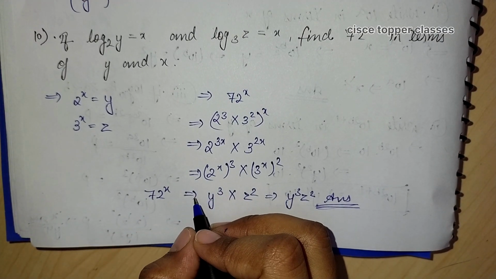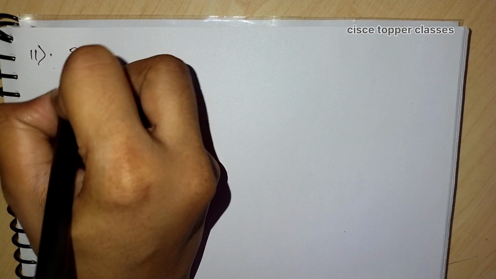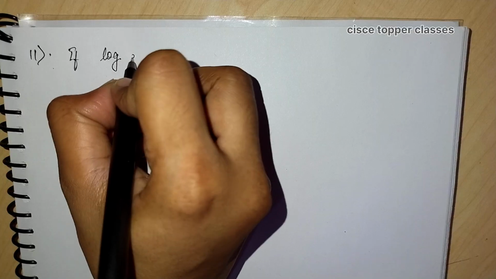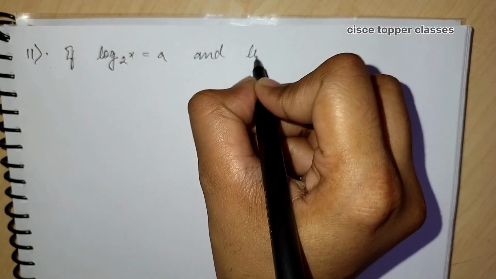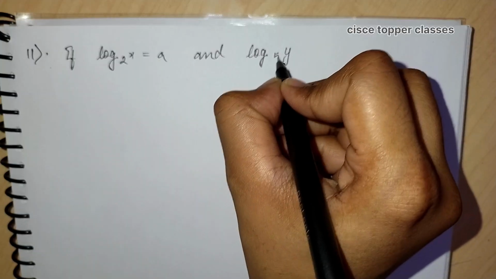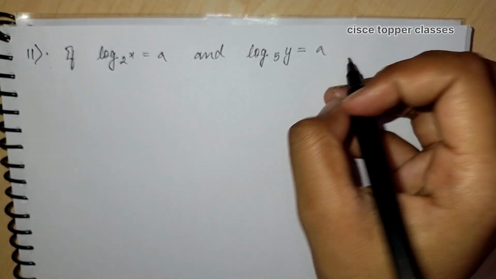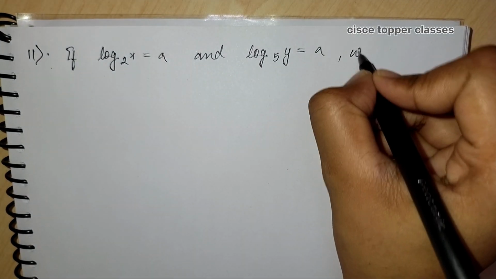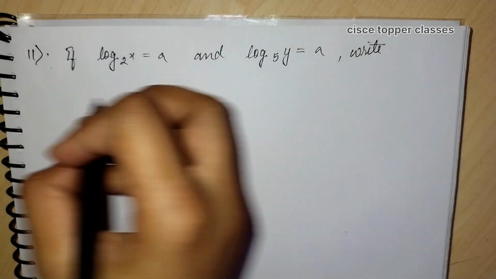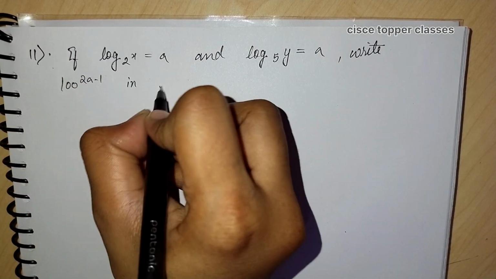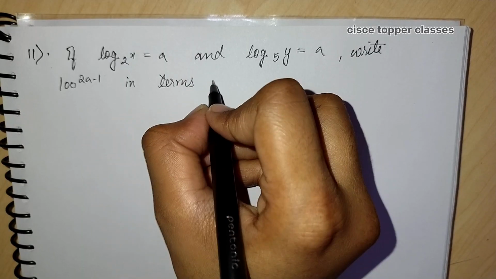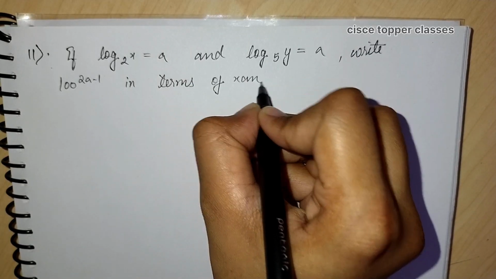Now let us solve the 11th question here, which says that if log of x with base 2 is equal to a and log of y with base 5 is equal to a, then we have to write 100 की power 2a minus 1 in terms of x and y.